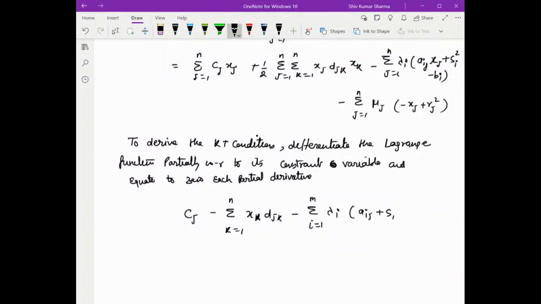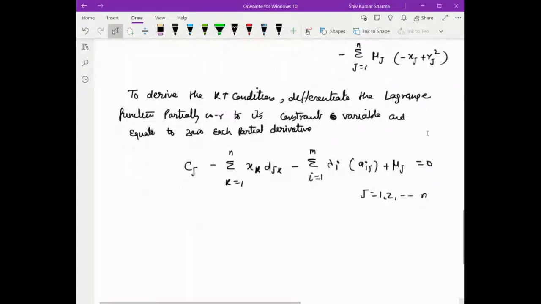The si square term is constant, so it is 0. When we differentiate minus xj, it is 1, and minus minus is plus, so this is plus mu j equal to 0, for j equal to 1 to n.